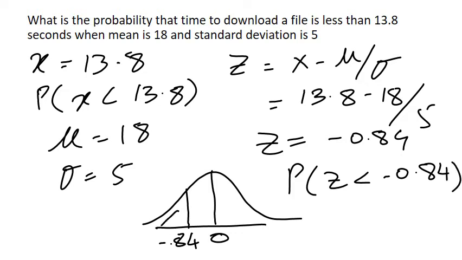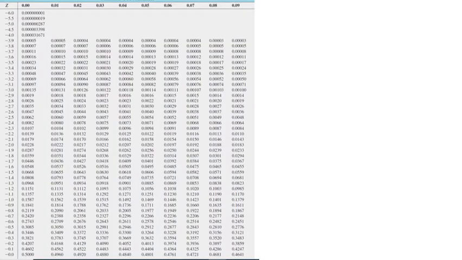So less than means this area, we need to find this area. So when we see the area under the curve in the table from minus infinity to this point minus 0.84, it will give us the probability. So let's see the table. In the table you can see minus 0.8 here in the vertical column, and 4 is here, so minus 0.84.